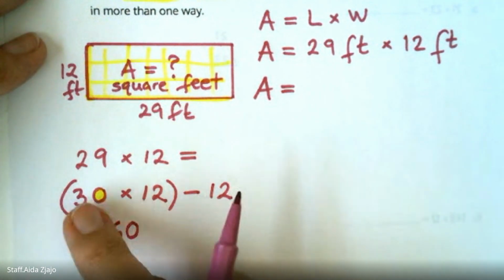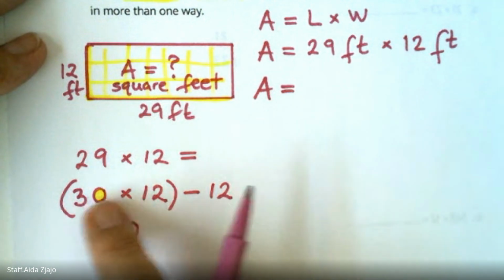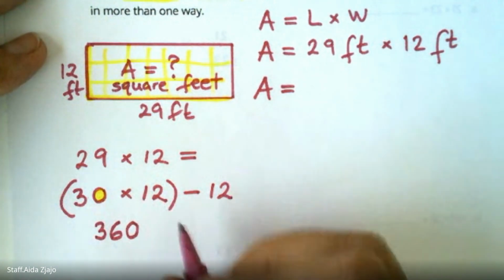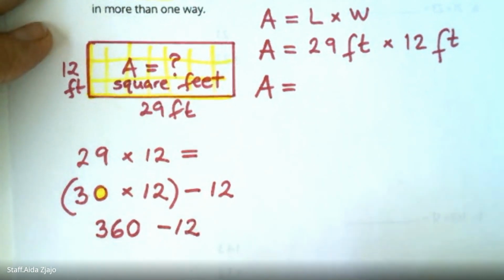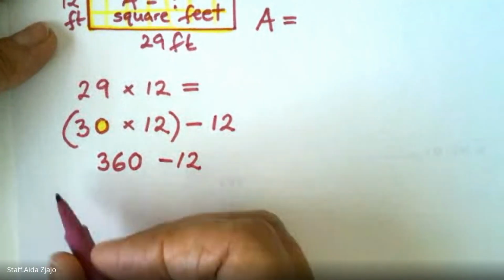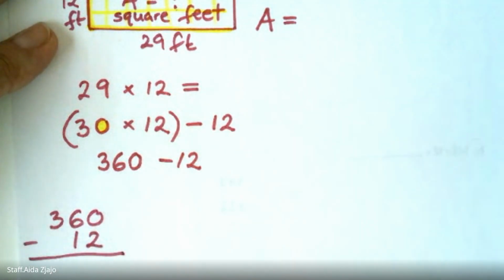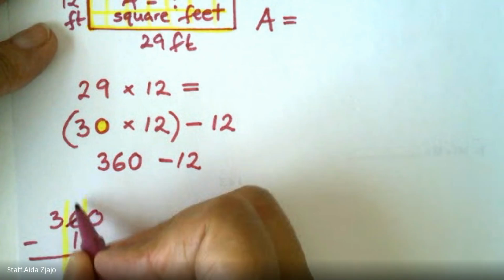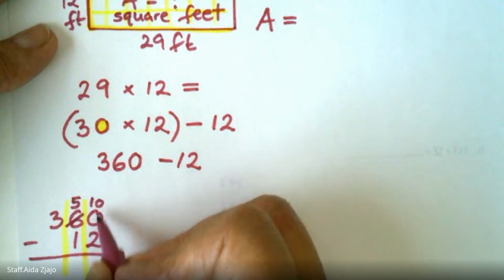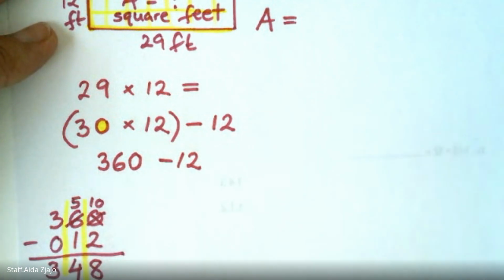So you now know that 30 times 12 is 360, and that is 30 groups of 12. And then you're going to take away one group of 12, and then you will have the final answer. So let's see, 360 minus 12. I needed to regroup the tens to get 10 ones, and then 10 minus 2 is 8, 5 minus 1 is 4, and 3 minus 0 is 3.